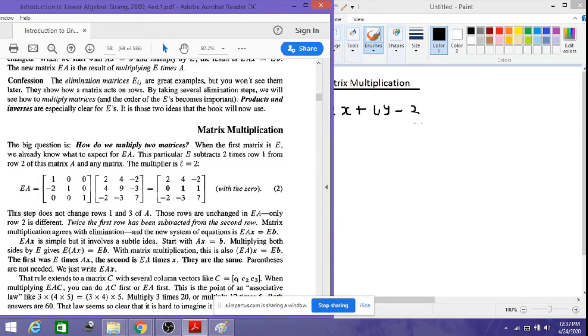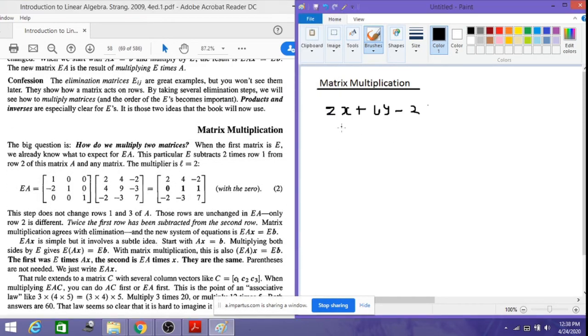Then 4x plus 9y minus 3z. Then minus 2x minus 3y plus 7z. This is given, and the right hand side is something else. Let us not bother about it.